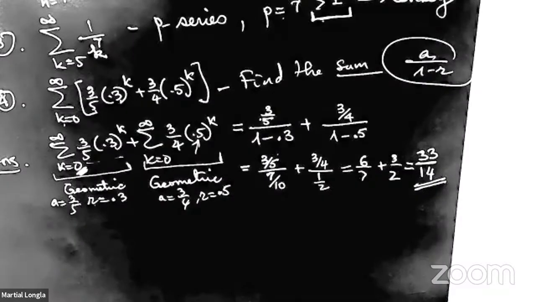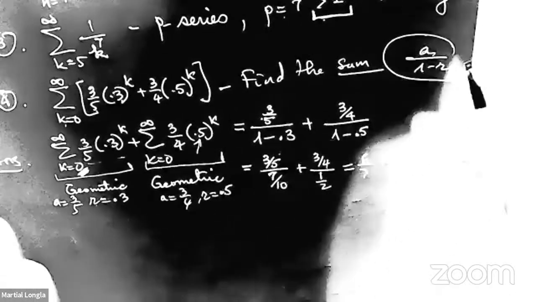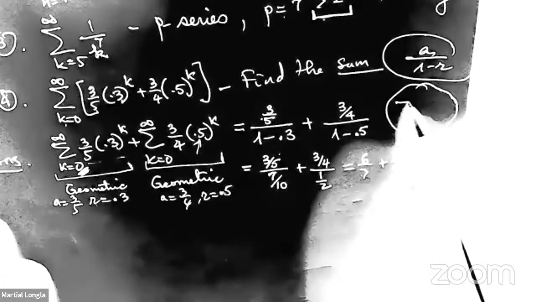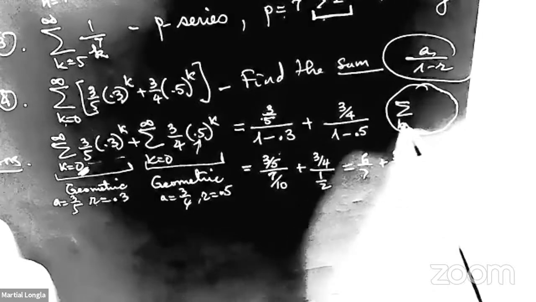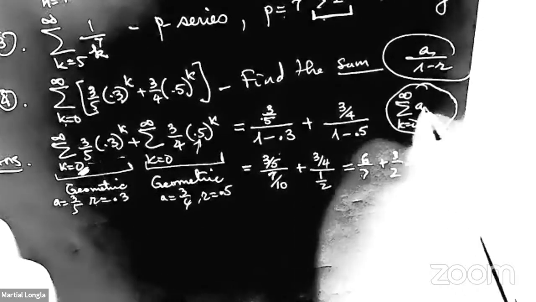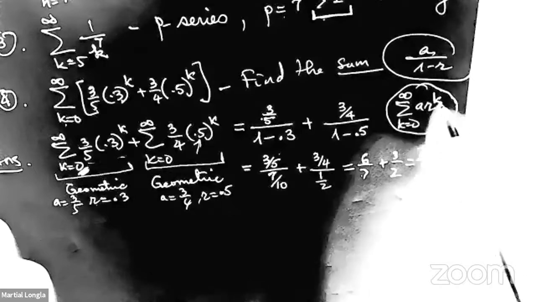Right. How does the term that the series starts at affect the geometric series? If it doesn't start at 0, you have to bring it back to 0, either by adding terms or taking off some powers of the number you have here. Otherwise, the sum is not equal to that. The sum is equal to A over 1 minus R when you have that formula, the sum from 0 to infinity of A r to the power k.